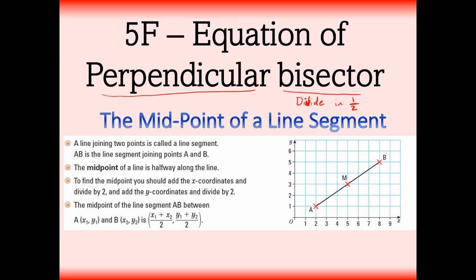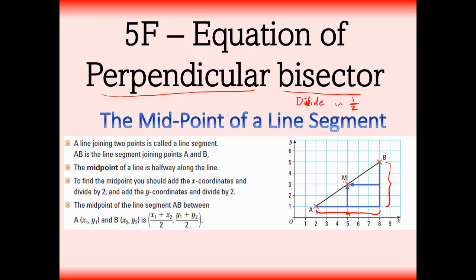So I'll show you a visual on this example of why we do what we do. Look at the y coordinates and x coordinates. The y coordinate of the midpoint is exactly halfway between these two y values, and the x coordinate is exactly halfway between the x values here.